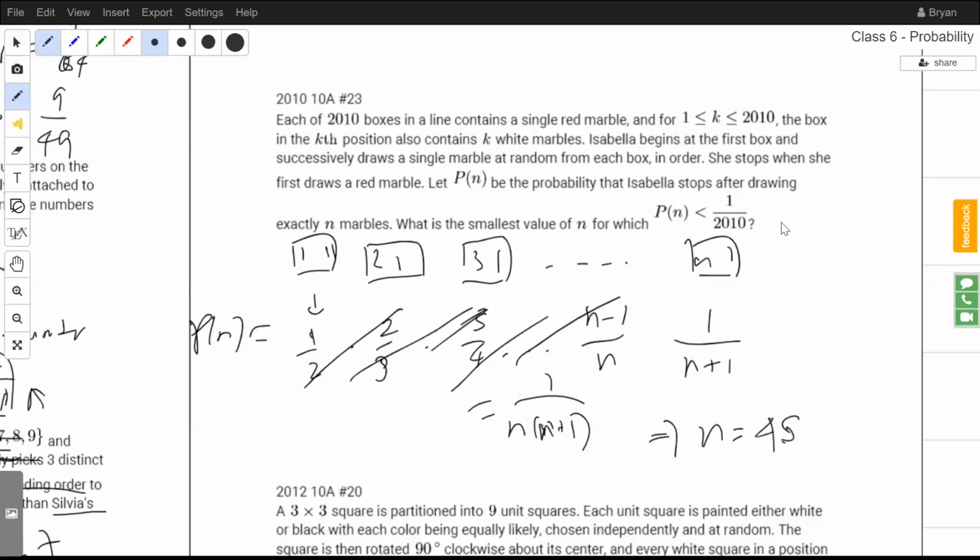And basically, the method, which is an algebraic method that this problem used, is called telescoping. If you want to learn more about it, look up telescoping. It basically takes a really long series of multiplications or additions or anything like that, and you cancel out the entire middle of it, so you don't have to worry about anything except the beginning and ending terms.